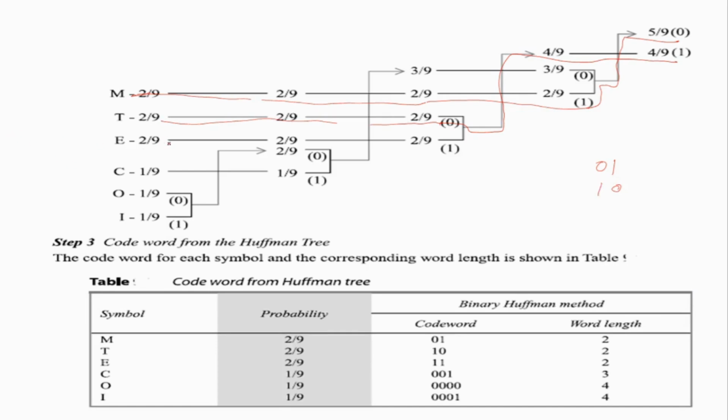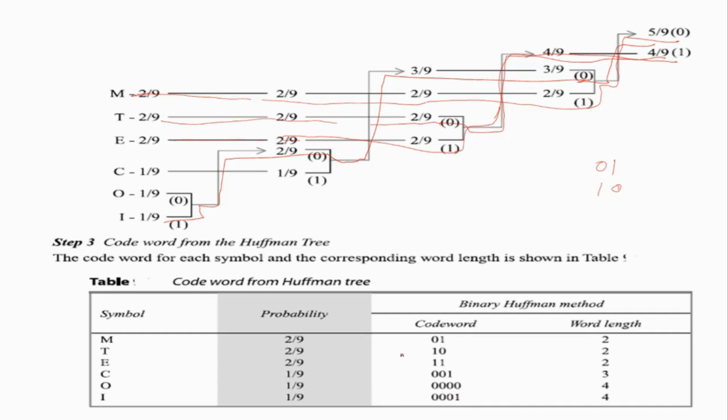Next for E it is 1 and 1. So for E it is 1 1. Similarly we write the code words for C, O, I. For I it is 1 0 0 0.